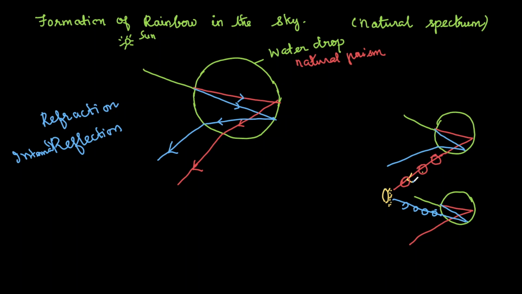That is the reason we are able to see the red light at the top in the rainbow and blue light at the bottom in the rainbow. So millions of water drops refract light, and the light is split by refraction and internal reflection, forming a rainbow in the sky.